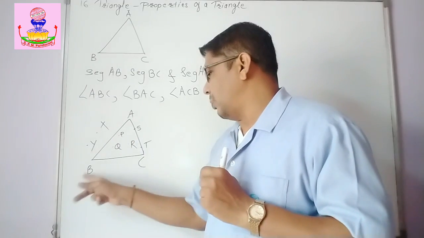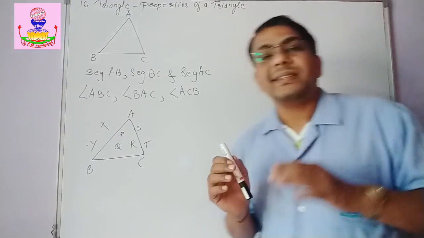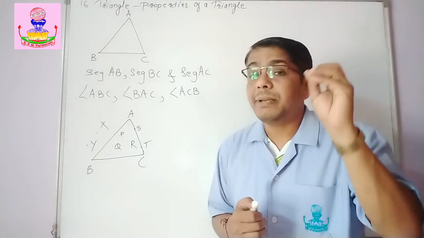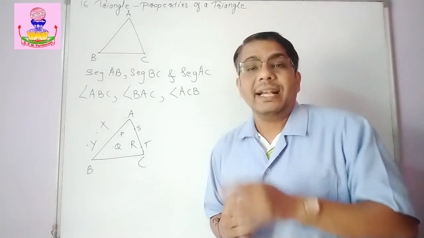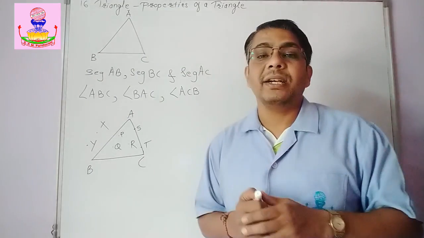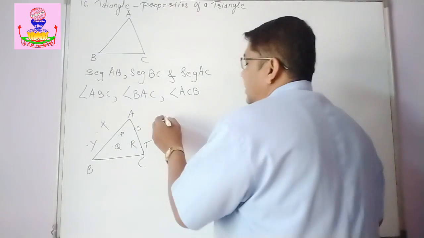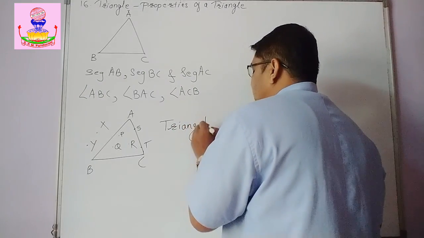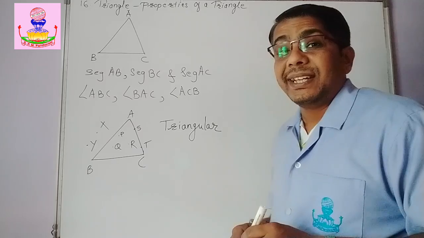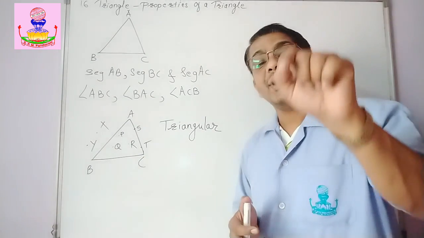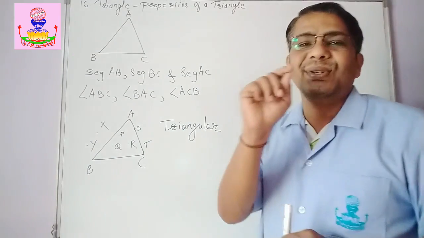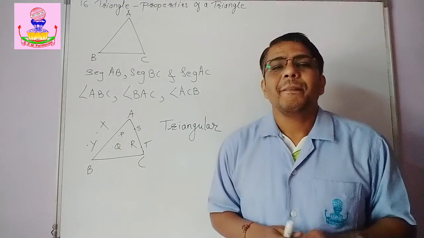For example, point S, point A, point B, point C, point T, they lie on the triangle. Points inside the triangle and on the triangle, together they make the triangular region.